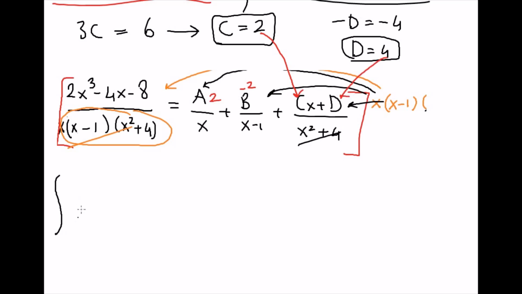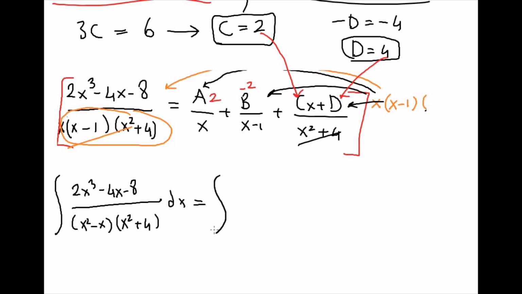Our original question was the integral of 2x cubed minus 4x minus 8 over x squared minus x times x squared plus 4 dx, which is equal to this right hand side.